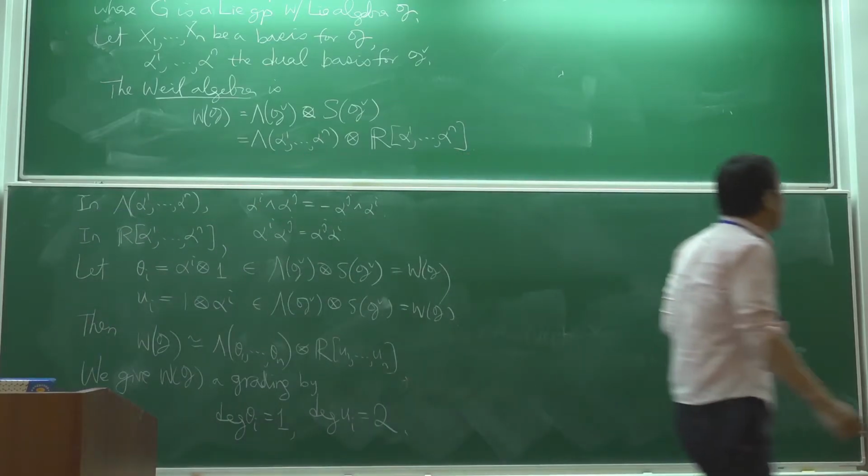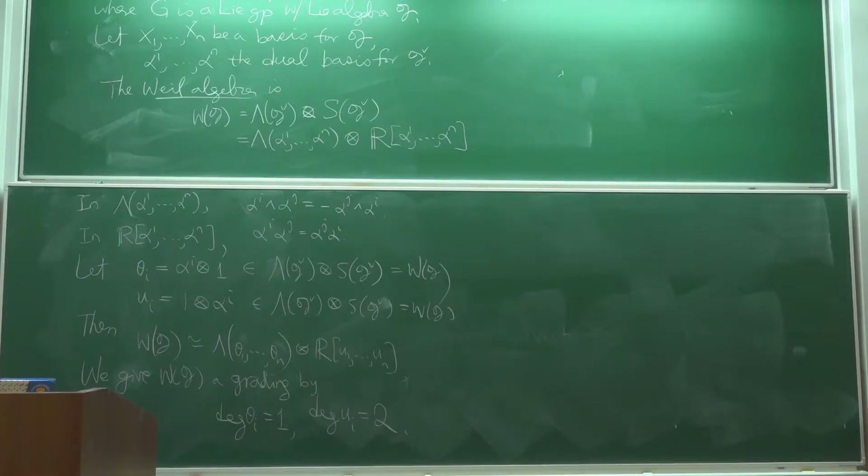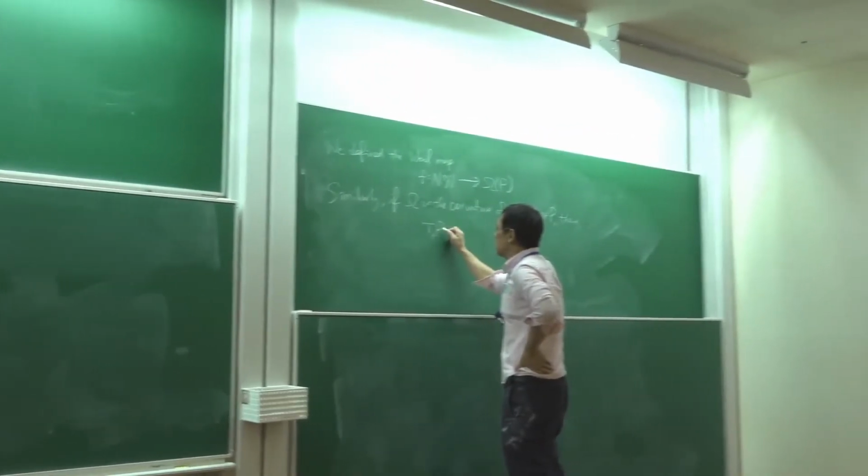And we have defined the Weil map F from the exterior algebra to differential forms on P. And now, similarly, we can define, if omega is the curvature of the connection, and p is in P, then the curvature is a two form.